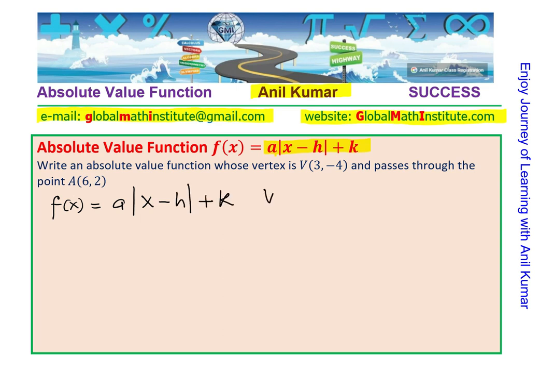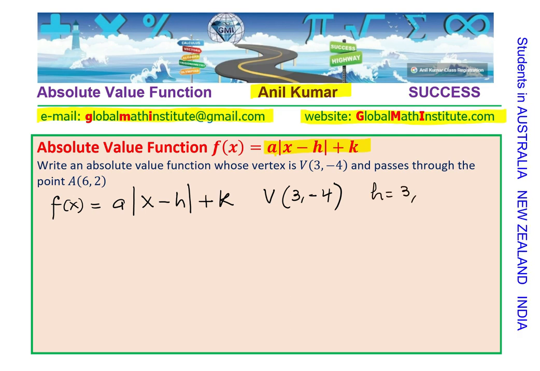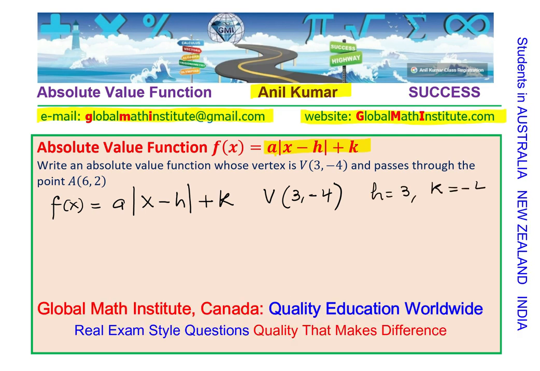We are given the vertex V as 3, minus 4. So in that case, the value of h is 3 and the value of k is minus 4, correct? So we can write this function as f of x equals a times absolute value of x minus 3 plus minus 4. So I can write minus 4.